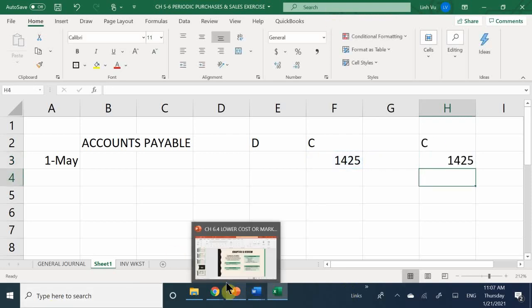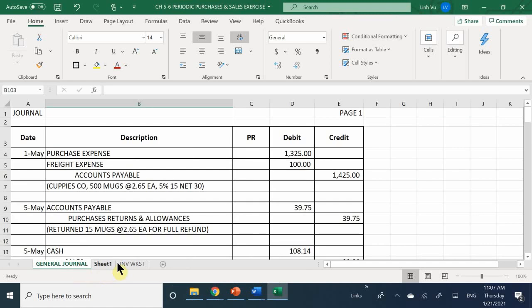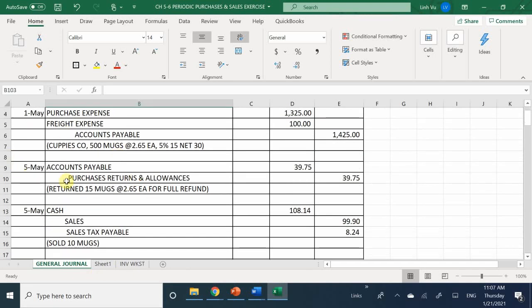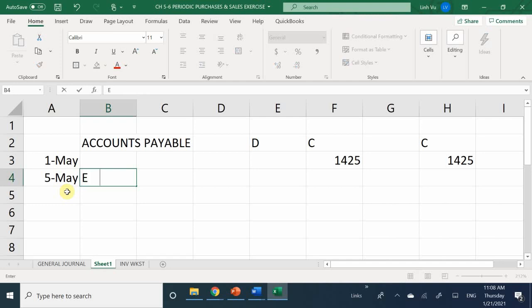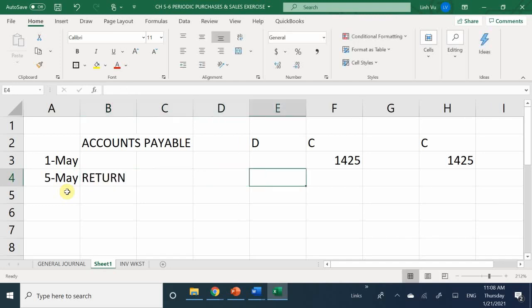Okay? Now the next thing I did here was I actually returned some stuff. I returned 15 items for a total of $39.75. This was May 5th, because I made a return, I end up debiting my account for $39.75.